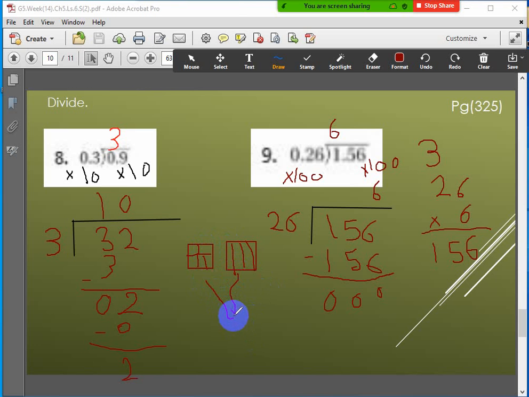So this whole will be divided into pieces. Each piece will be a decimal, and these will be divided on 3. Each one will be 2 over 3, as an example.